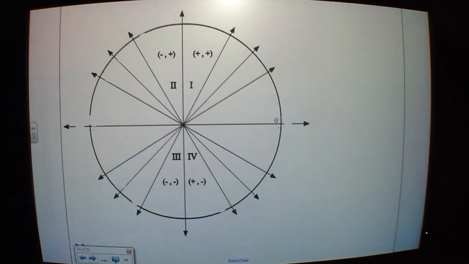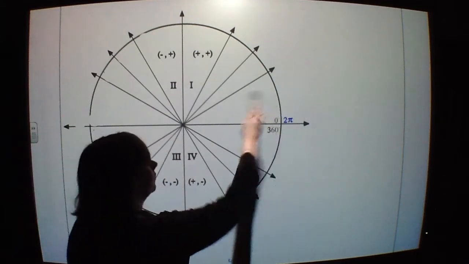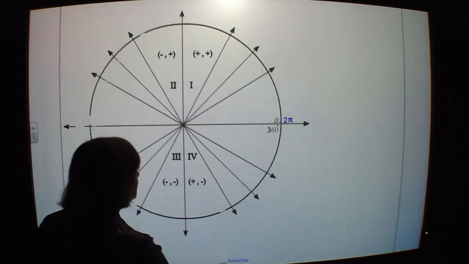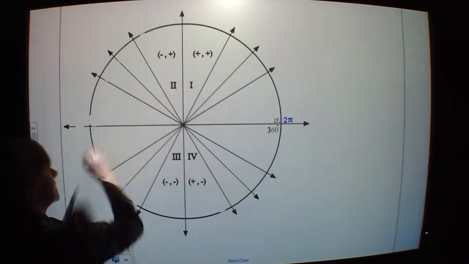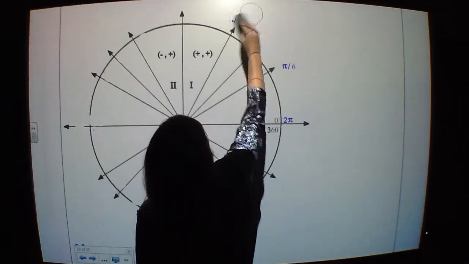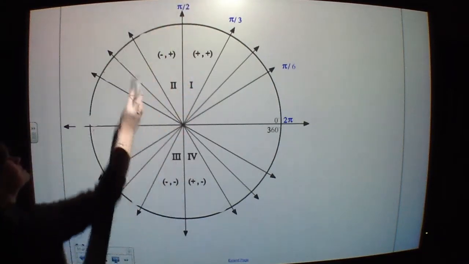Again, you don't have to memorize the unit circle if you understand it. This is 0 or 2 pi or 360 degrees. You can break it up into sixths: 1/6, 2/6, 3/6, 4/6, 5/6, 6/6. 1/6, that's 2/6. This is 3/6 reduced.